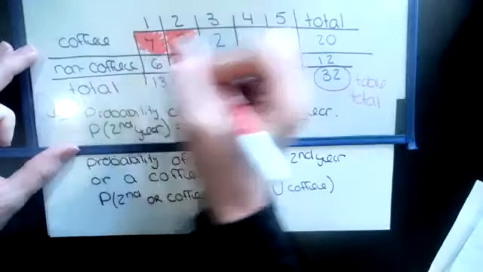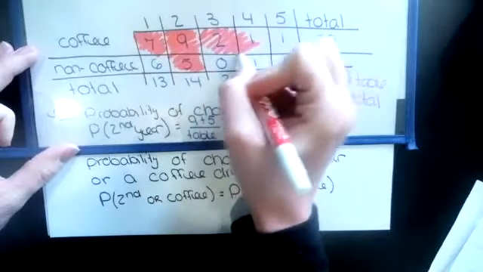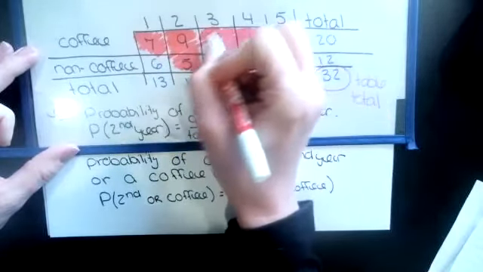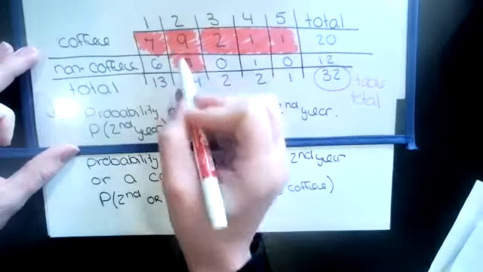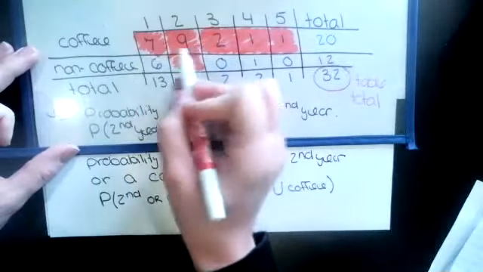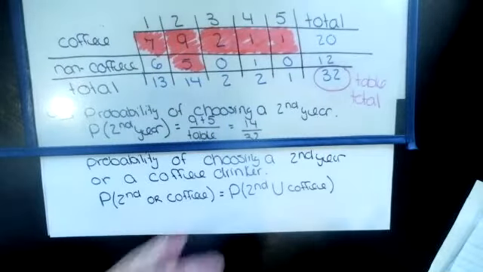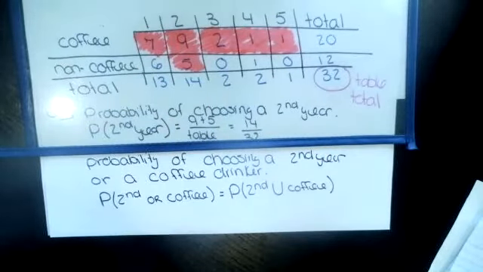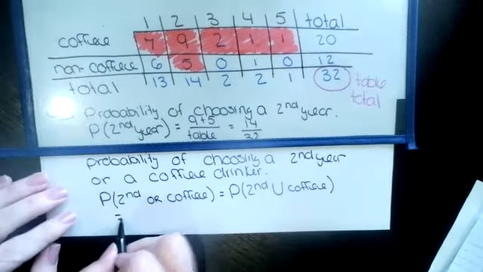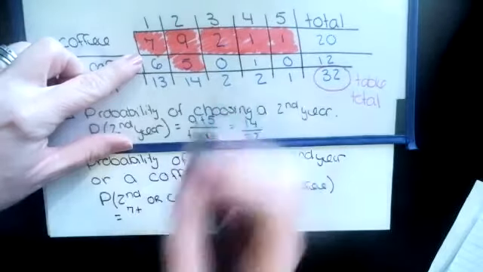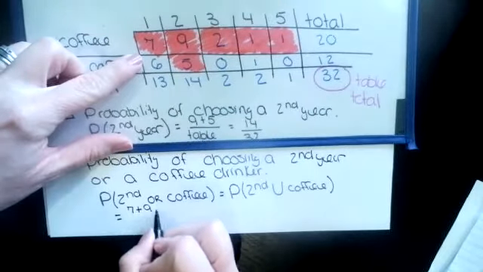But what I want you to recognize is you can see it here. I have an overlap, right? I have the intersection of where the column and the row intersect, right? Those 9 students, but it doesn't matter when I'm using the table, because I'm going to keep in mind my numerator is going to be all of these numbers in the shaded regions added once.